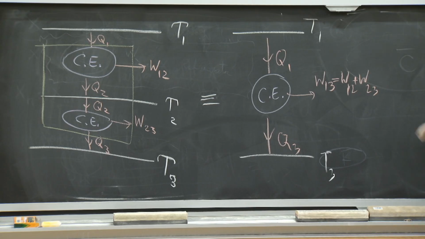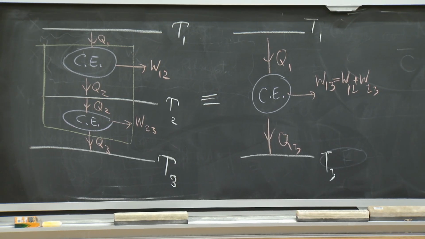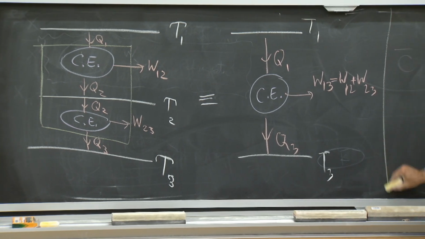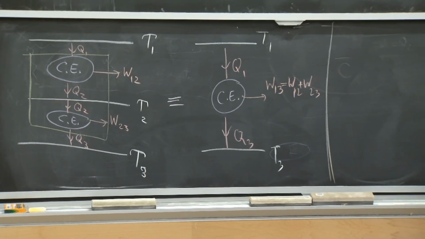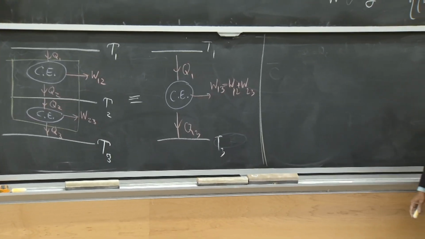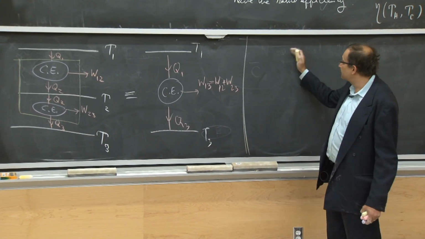So clearly, these two different perspectives on the same operation will give some constraint between the form of the functions that will be describing efficiencies of Carnot engines. So let's follow that mathematically. Okay, so the first one, what do we have?